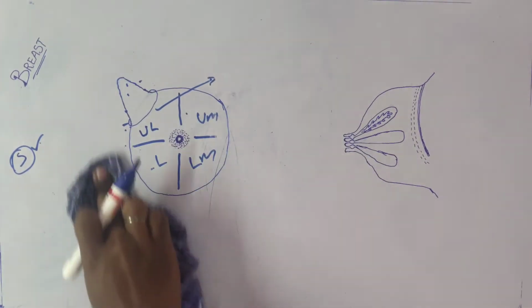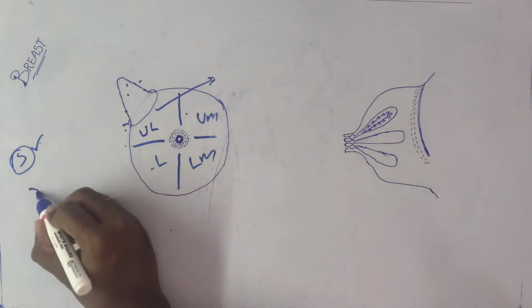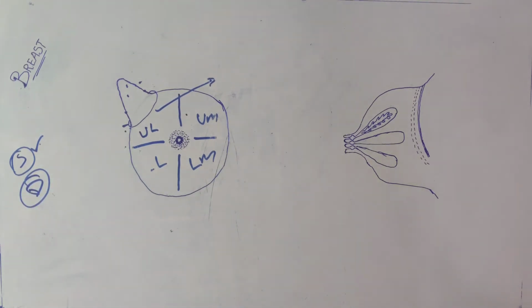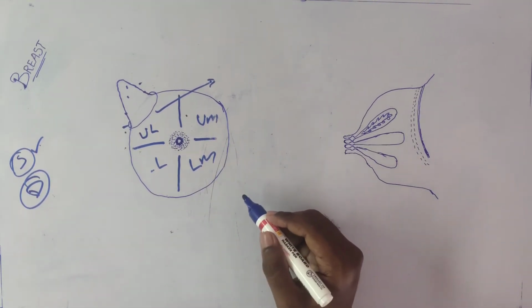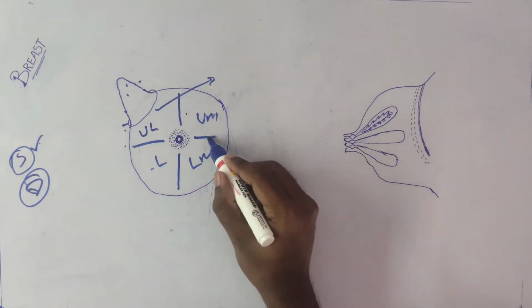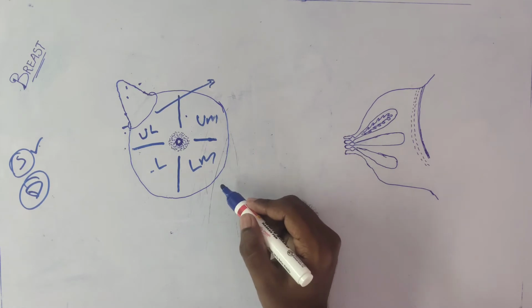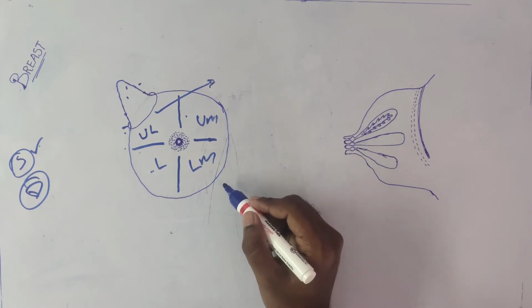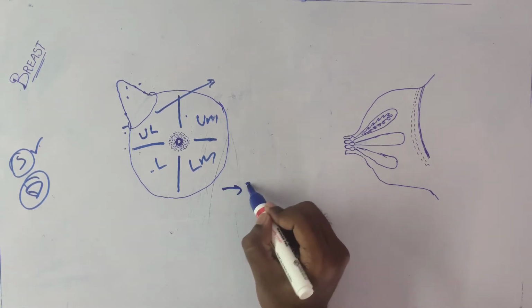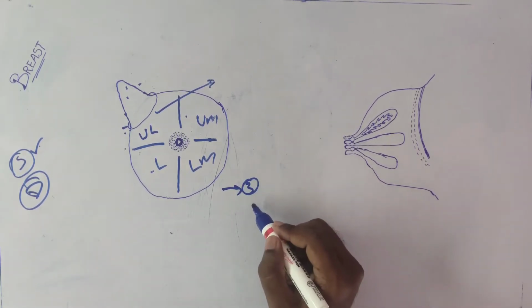Now coming to the deep relationships of the breast. The breast lies on the deep fascia covering pectoralis major. The breast is present in front of the pectoralis major, so it is placed on deep fascia. Next, still deeper, the breast is covered by three muscles.